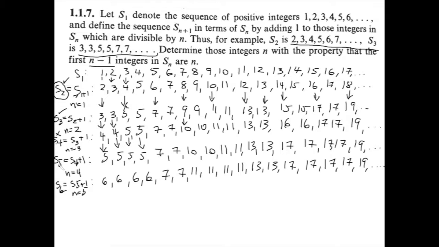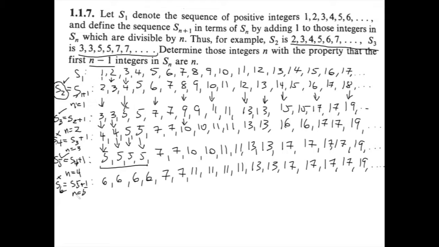Well, n minus 1 would be 4. So are the first 4 integers 5? We'll see here. They are, in fact, 5. So it works for S5. What about S6? Are the first 5 integers 6? No, only the first 4. So it does not work for S6.